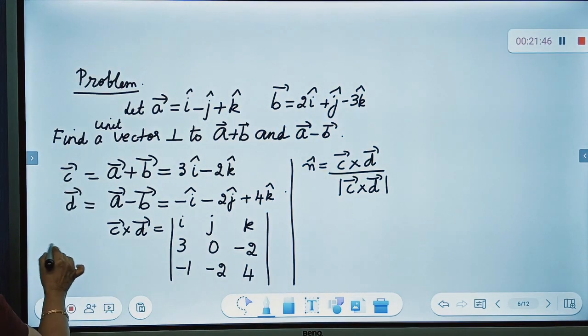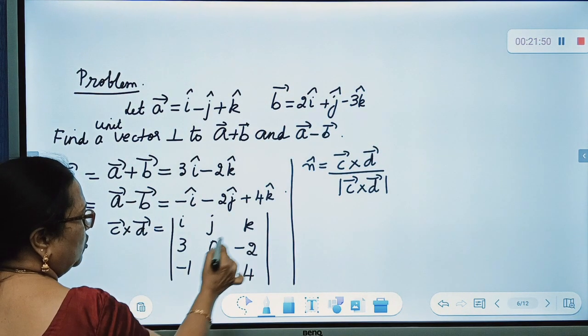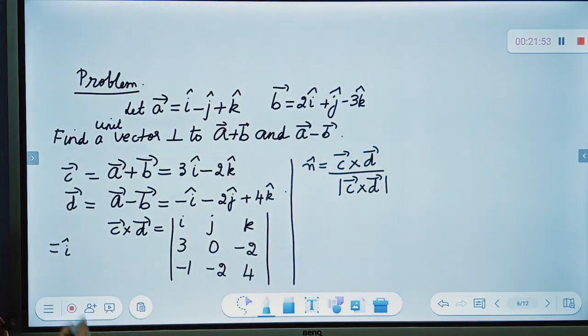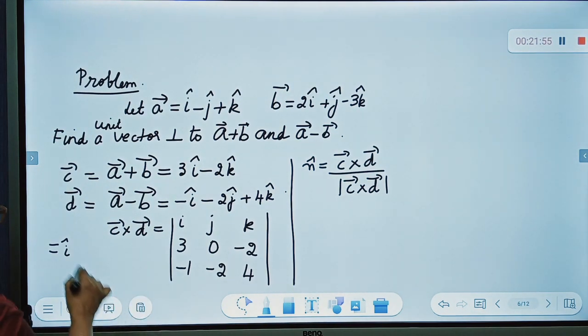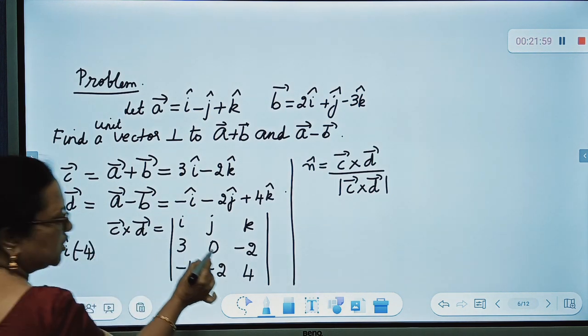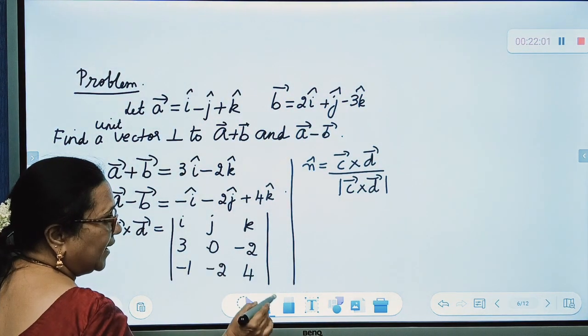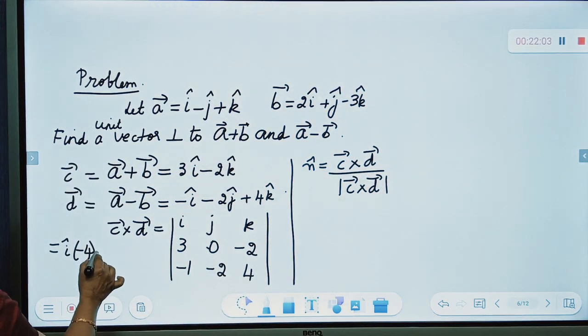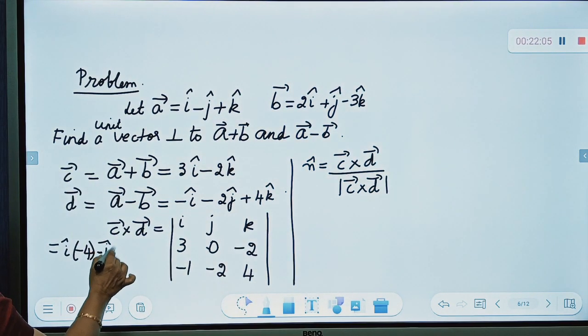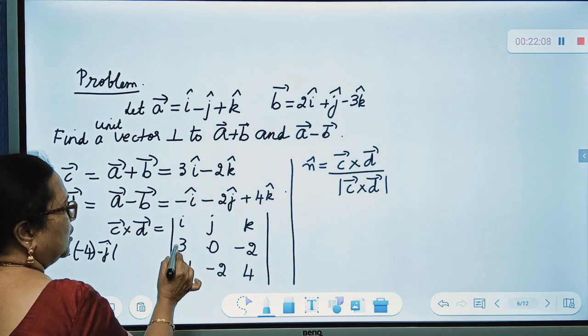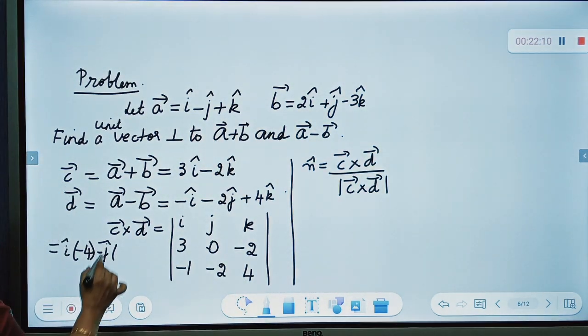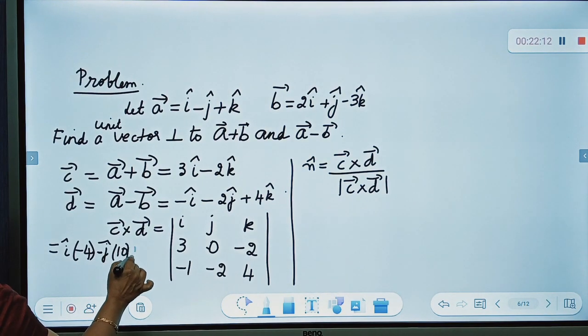If I evaluate the determinant, I will get i cap into, leave out this column and leave out that row. This is 0, 0 minus 4. So I will get minus 4. This 0 into 4 is 0, minus of 4. Then minus j into, leave out this column and row.